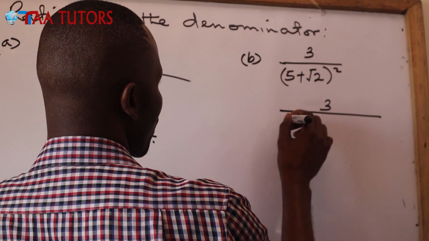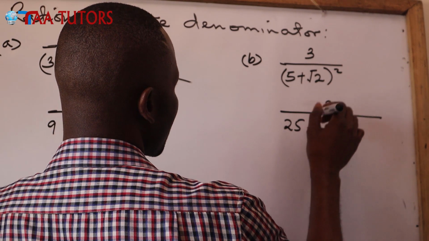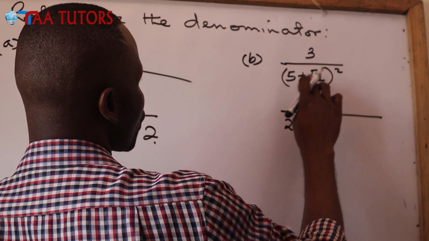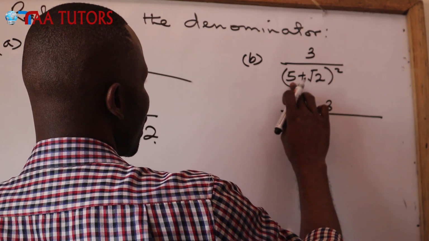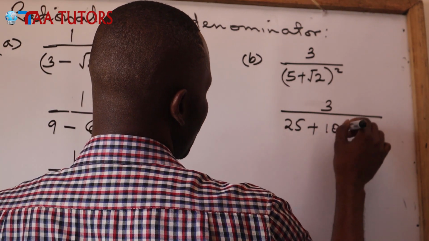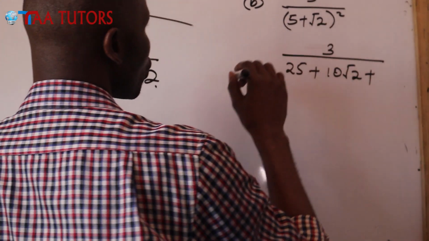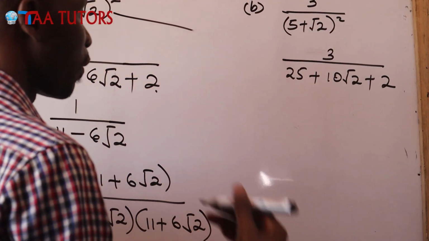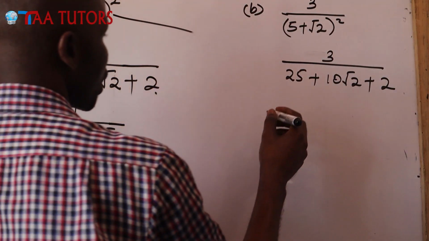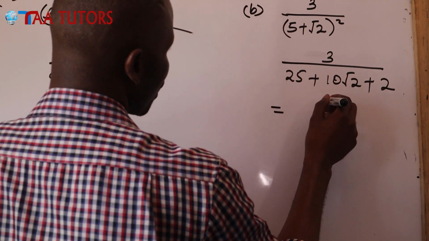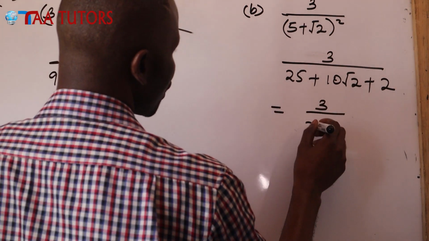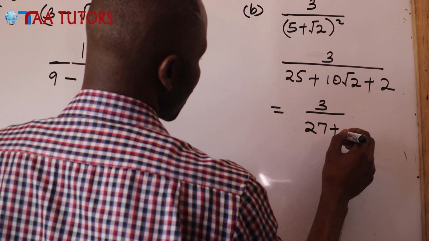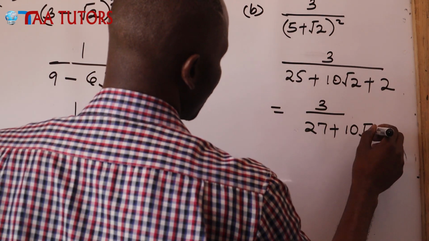So 5 squared is 25, plus 2 times A times B. 2 times 5 is 10, times √2 is 10√2, plus √2 squared is 2, because √2 squared is √2 times √2, which is √4, and √4 equals 2. So this will be 3 over 27 plus 10√2.